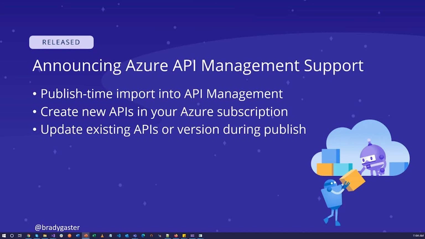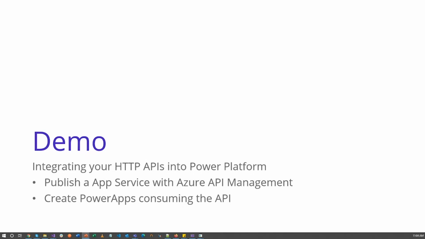Also, we published our app service to Azure and to an API Management instance, and we created a Power App consuming that API. So those are the things I planned for today.